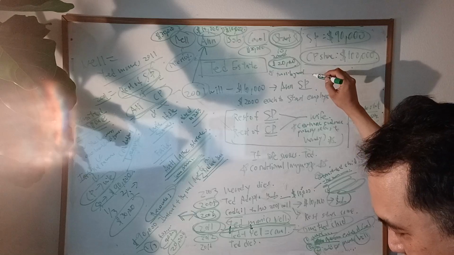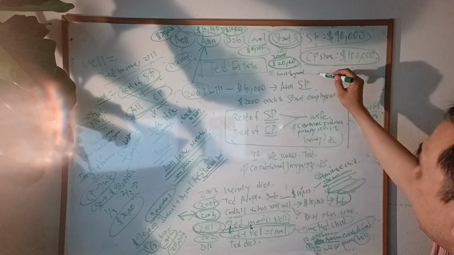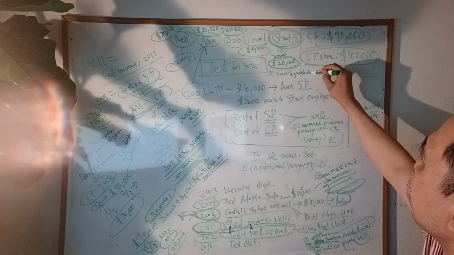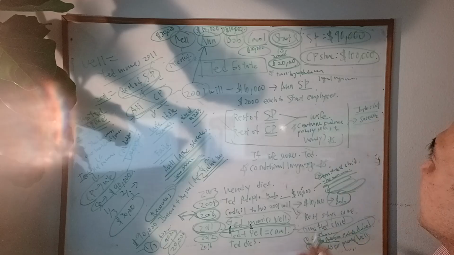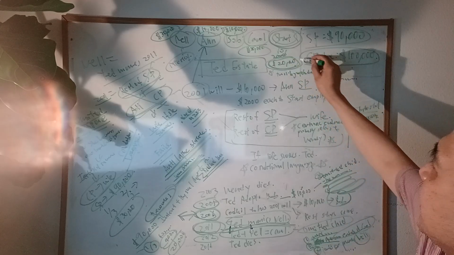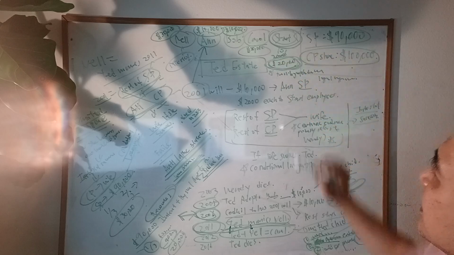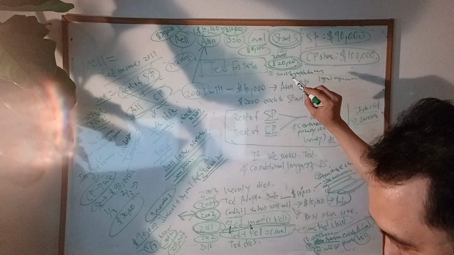This is not easy. Facts of independent legal significance. So because this was a fact of independent legal significance, it's not going to stop 20,000 from being distributed.